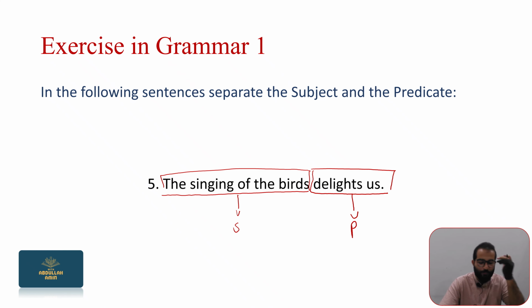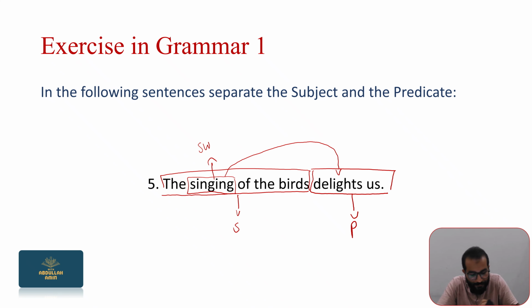Now before I move forward, let me tell you, this is a common mistake as well. This is about the subject verb agreement. We will have it inshallah in future. So over here you can see that we have s with this verb delights. Why are we using s? Because our main word in this whole subject is this singing. This is the subject word, and it is singular. Because it's singular, that's why we are using s with the verb.